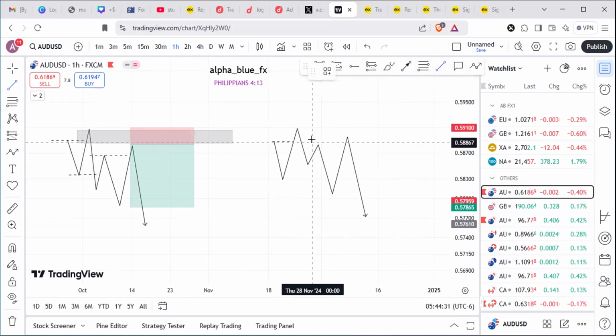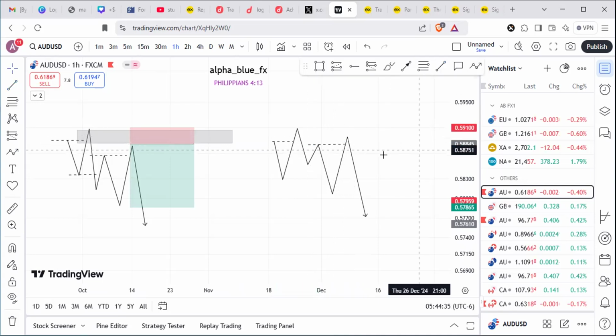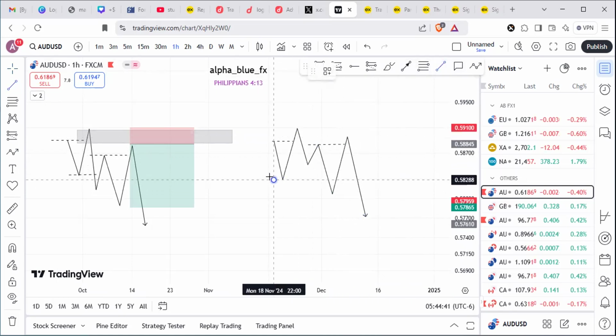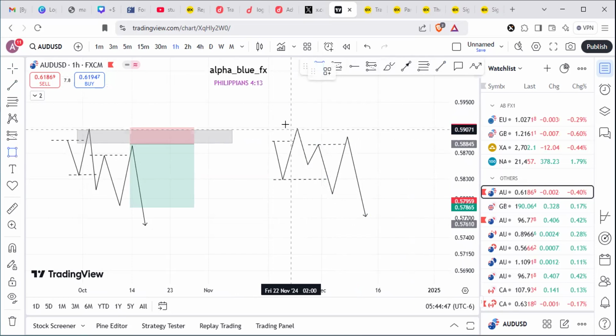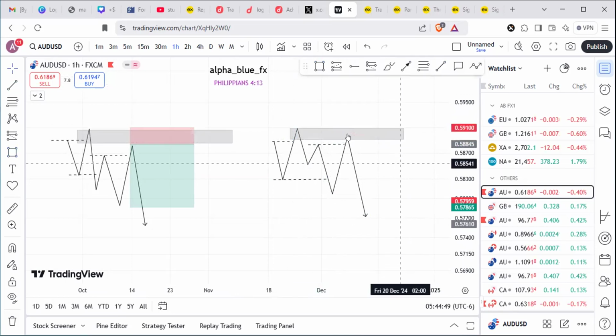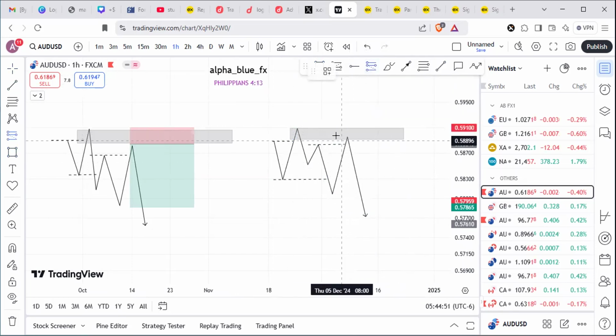Price gives you an area of structural liquidity and then comes back after creating the low. Before creating the low, it gives you the liquidity. Then it comes back to take it out. So your entry will still be at this high here, protected high here.